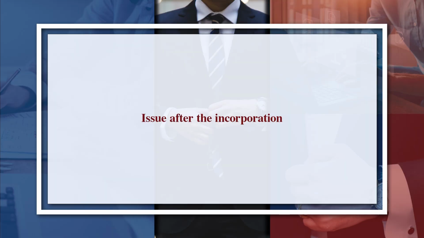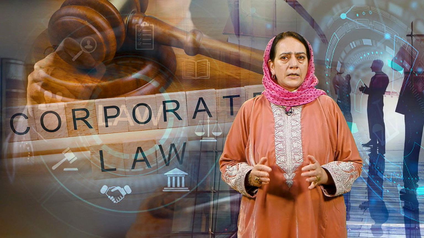The first requirement is that issue must be after incorporation. As a rule, the prospectus of a company can only be issued after its incorporation. A prospectus issued by or on behalf of a company or in relation to an intended company shall be dated, and that date shall be taken as the date of publication of the prospectus.